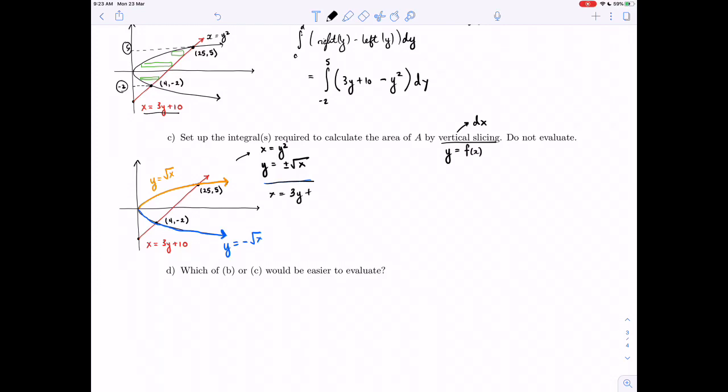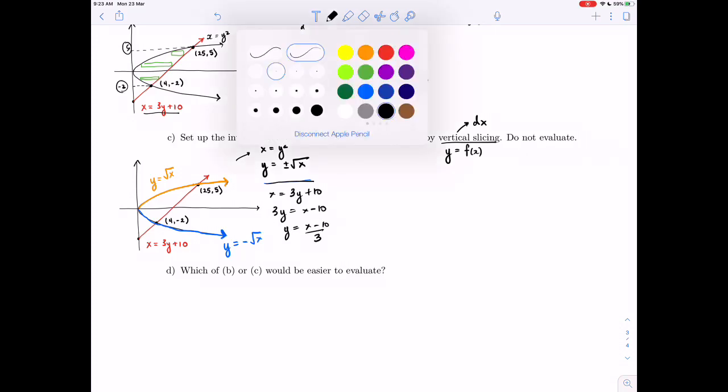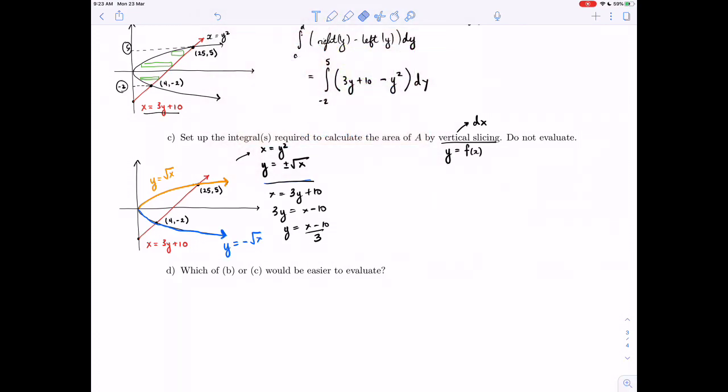A little rearranging here, 3y is equal to x minus 10, and I'll divide both sides by 3. (x minus 10)/3 is the curve in red, so let's go ahead and change that label as well. So y is (x minus 10)/3.